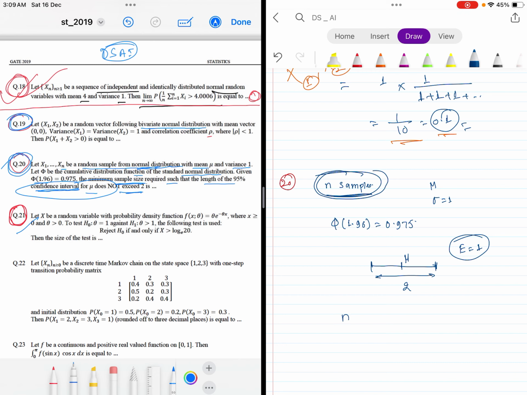So n is equal to, and we are given the 95% confidence interval, right? And with the 95% confidence interval, the critical value, z alpha divided by 2, will be 1.96, right?